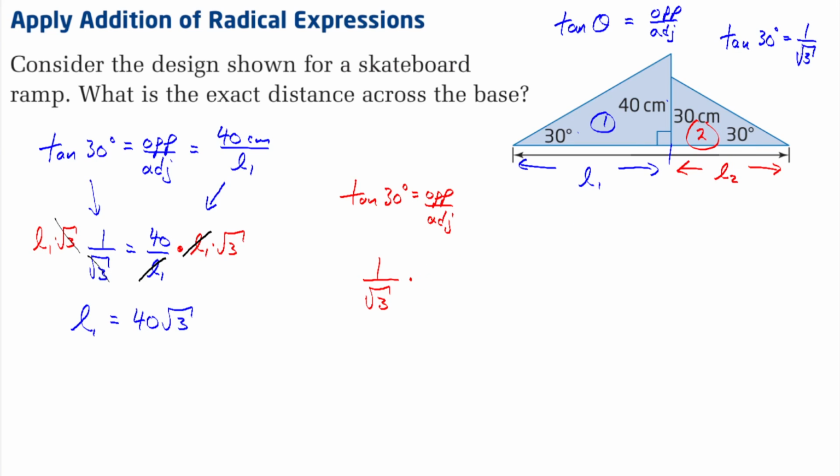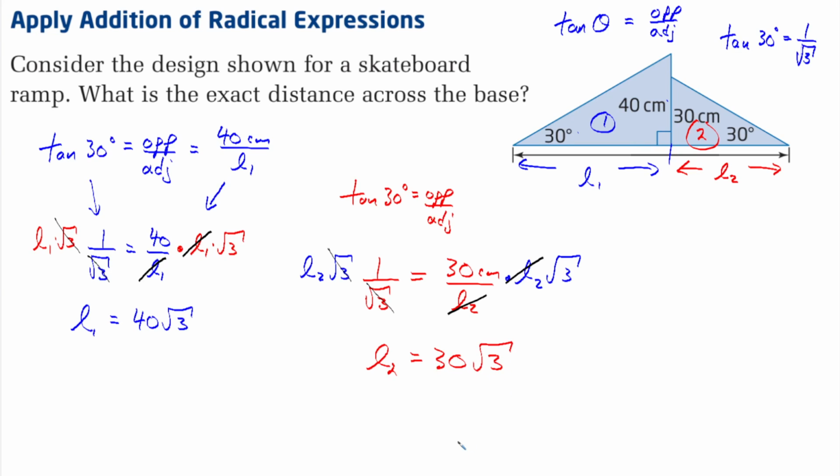So 1 over root 3 equals 30 centimeters over L2. And we do the exact same trick that we did over here. We're going to multiply this side by L2 root 3, and this side by L2 root 3. Root 3 divided by root 3 is 1. L2 divided by L2 is 1. And now L2 is equal to 30 root 3.